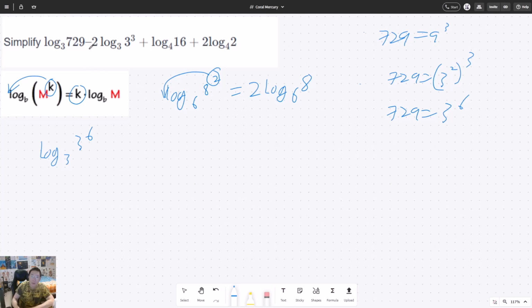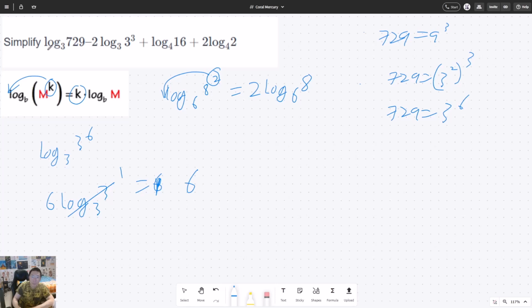The 6 goes to the front, so this becomes 6 log base 3 of 3, and log base 3 of 3 is equal to 1. So this becomes 6.